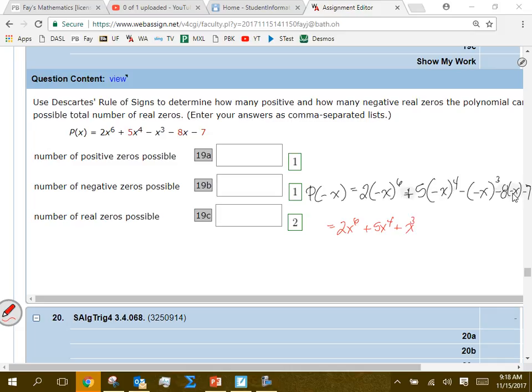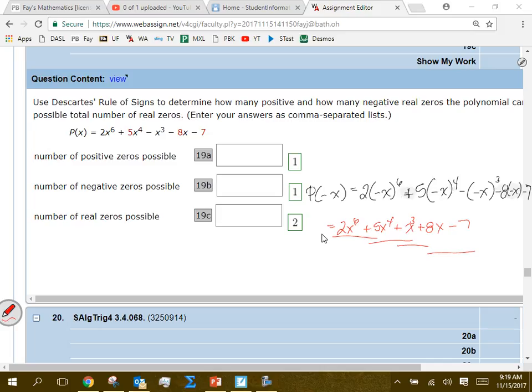This is a negative x, but you got a negative out here, so it's going to be a positive 8x. And then there's nothing to change that -7. So as I go through this, no sign change, no sign change, no sign change, but there you got a sign change. Those last two, you got a sign change. So you got one sign change in the P of -x.